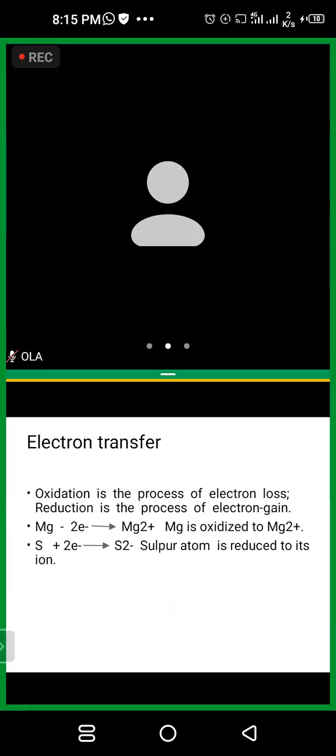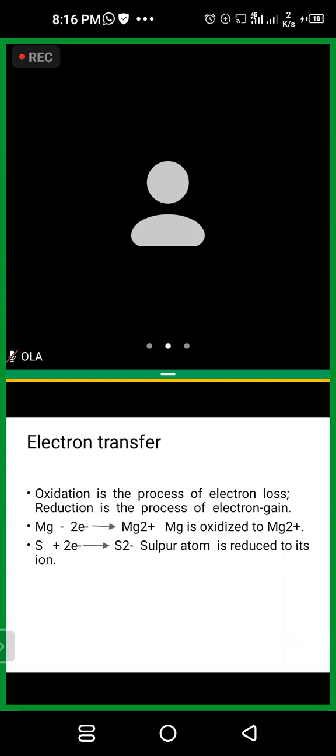I believe we explained this when we were talking about types of bonding, electrovalent bond and covalent bond. Now, for electrovalent bond, this is where something like this comes in. Giving out electron and you attain positivity. Now, because magnesium has given off 2 electrons, it becomes positively charged. And losing that electron makes it to be oxidized.